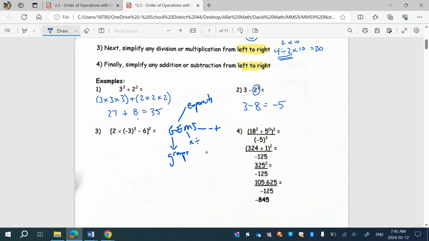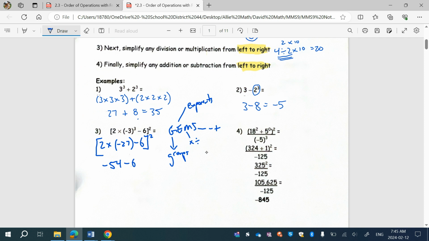So we have here, let's do 2 times negative 3 to the power of 3. So negative 3 times negative 3 is positive 9. Then positive 9 times negative 3 is going to be negative 27. Subtract 6. And this is all still squared, the whole thing. Next, let's do this multiplication. 2 times negative 27 is going to give us negative 54.